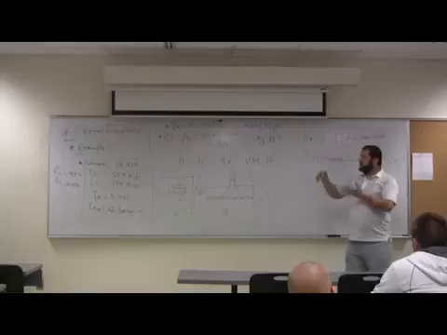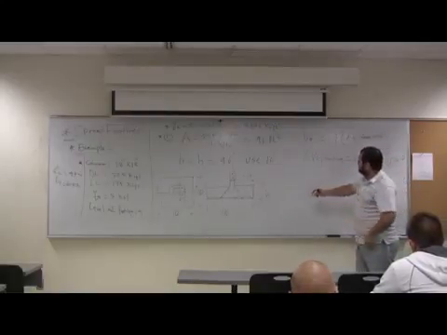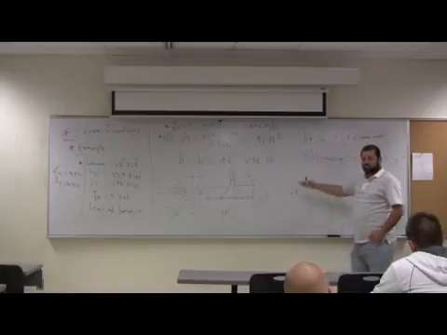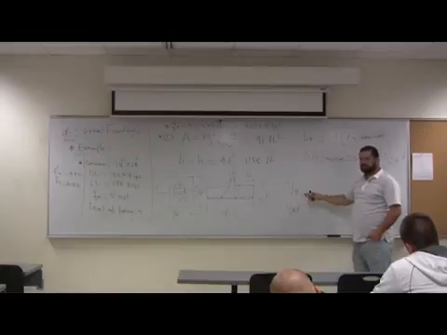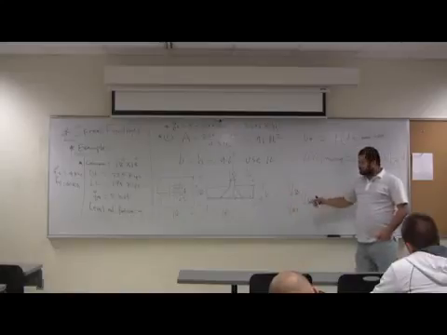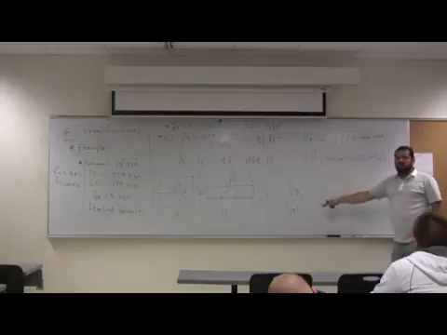If we assume D, we can calculate V ultimate from the one-way shear or the punching shear. We're going to call them V ultimate 1 and V ultimate 2, one for punching and one for the beam shear. We're going to calculate those shear forces, then check if this is bigger than that or not.